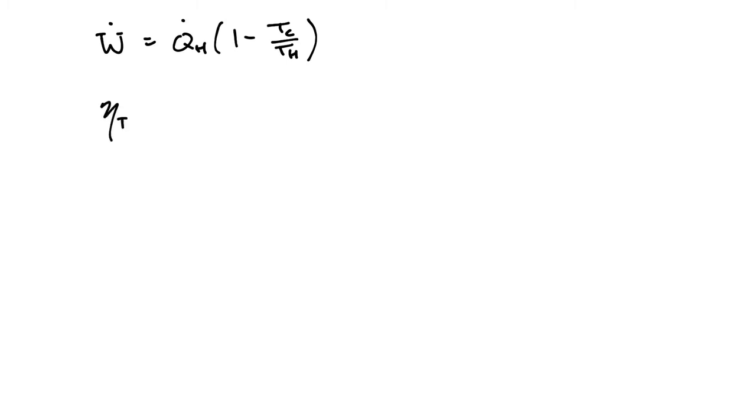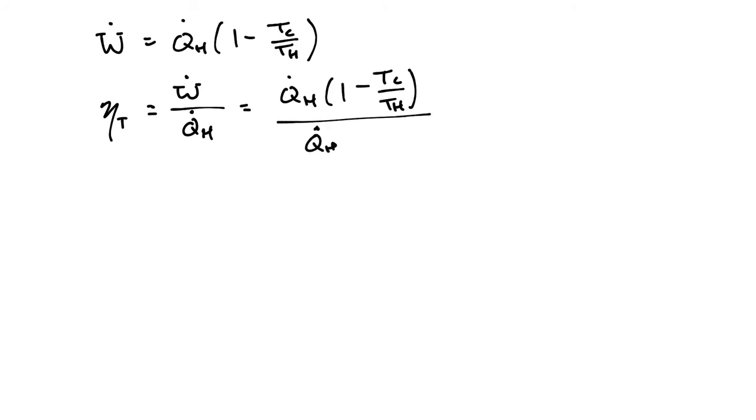Eta T, again, is the desired effect or the output of the system, which is W dot, divided by whatever is the cost to us, which in this case is the energy we put in, Q dot H. We substitute in the expression from the instance where the entropy generation rate is 0, and of course the Q dot H's will cancel one another, and we can call this eta T, giving it the superscript C, which stands for Carnot, and that's going to be 1 minus Tc over Th.